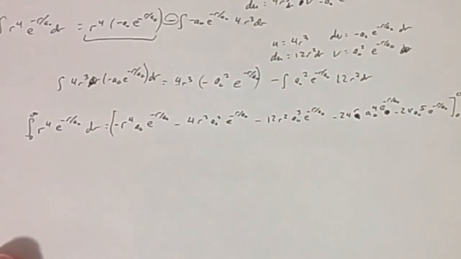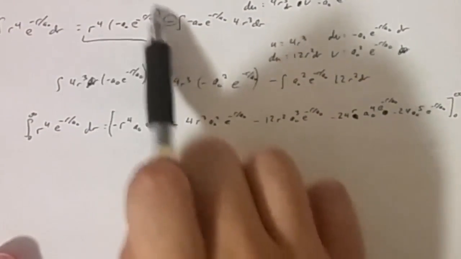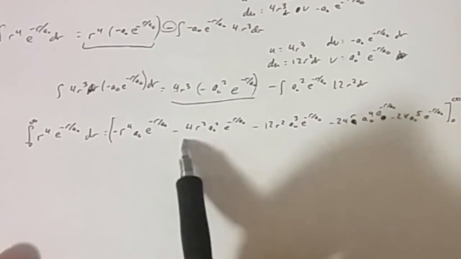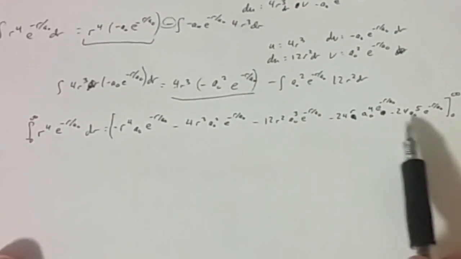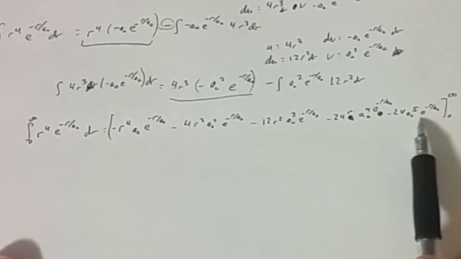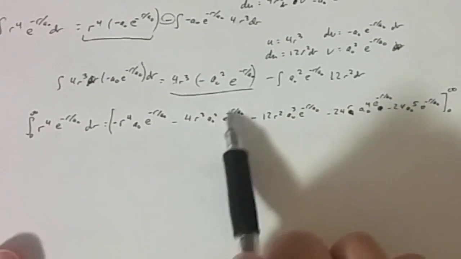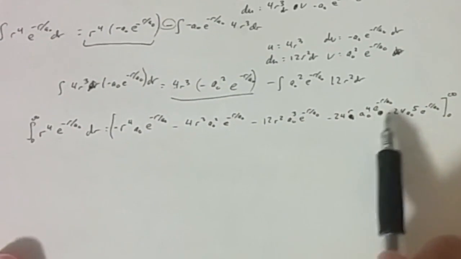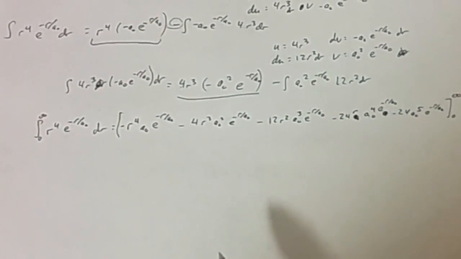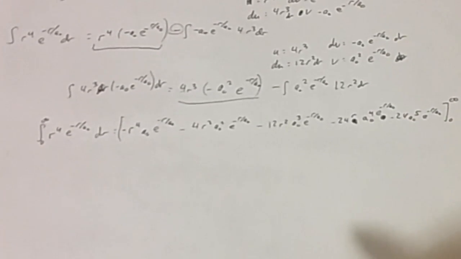If we continue doing that, you can see we've got this piece right here, and this piece right here. Basically it just keeps going until you have r4, r3, r2, r1, and then we have no r, and the a goes up by 1, 2, 3, 4, 5, like this, and this e term is always there. So that's sort of where this was going.